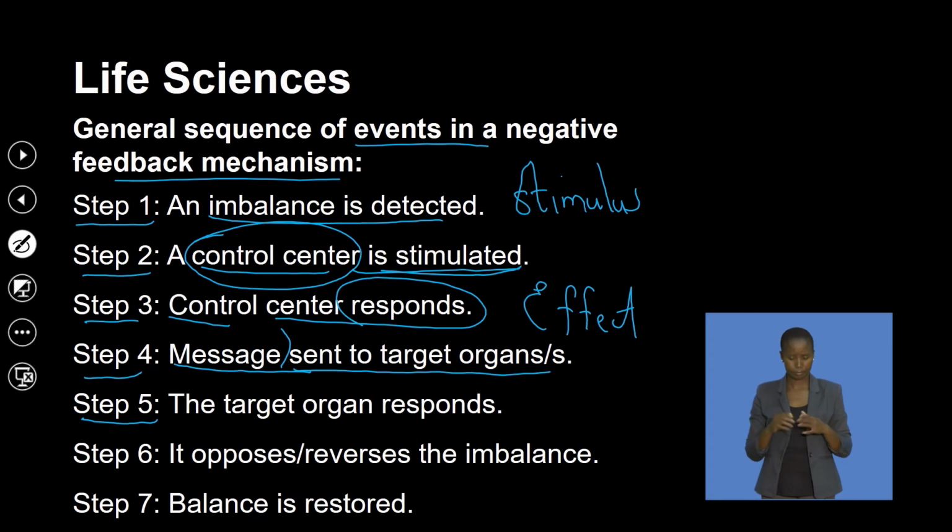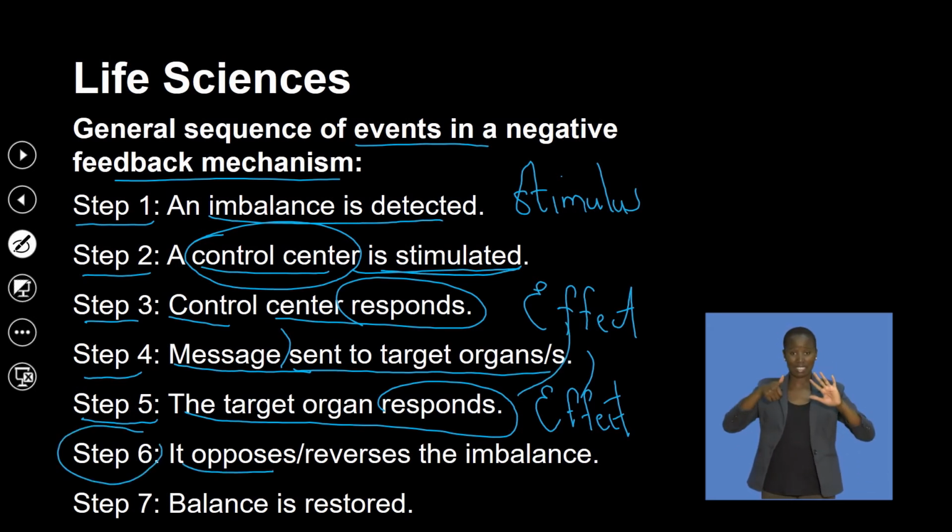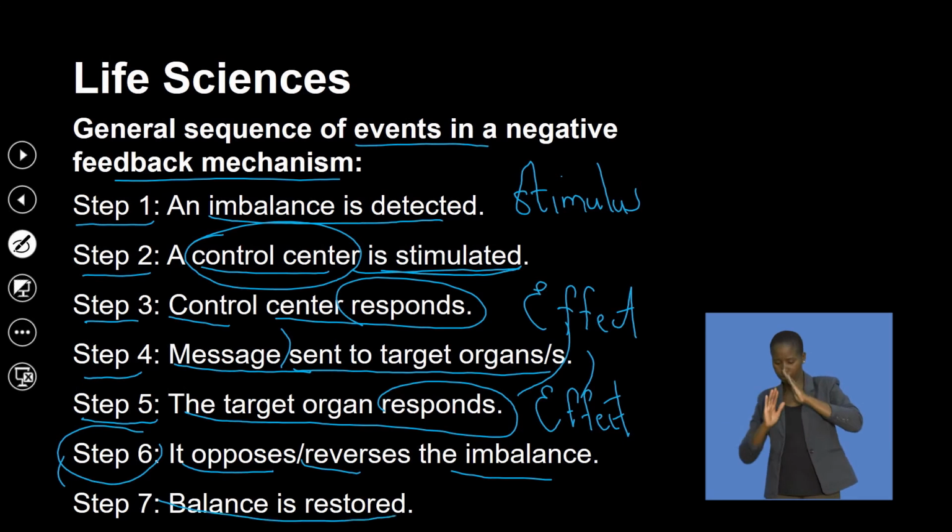Step 5 is that the target organ responds to that change. The response will happen from the effect. And then step 6 is that it opposes or reverses the imbalance. The last step is that the balance is then restored.